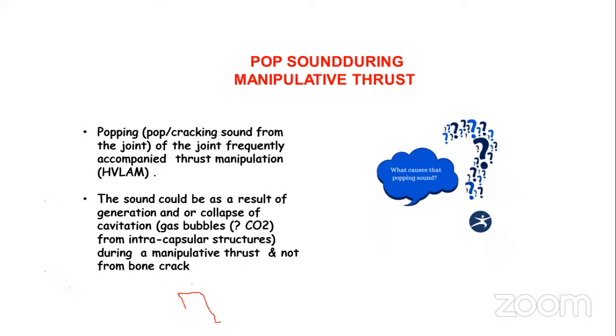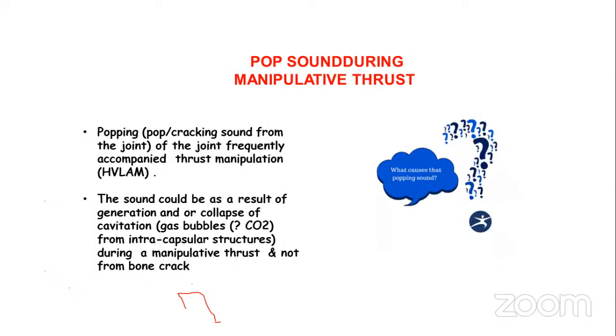Because you're increasing the pressure on the fluid, you know Boyle's law now that says that pressure and volume are inversely proportional. The volume of the gas inside the fluid will be reduced. Some gas will come out of the synovial fluid in form of cavitation. And by the time you now deliver the high velocity, low amplitude thrust, you will collapse that cavitation. So what is producing that pop sound is the formation of the cavitation and the breaking of it.